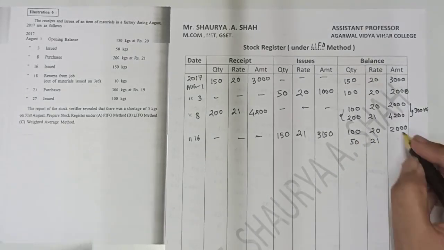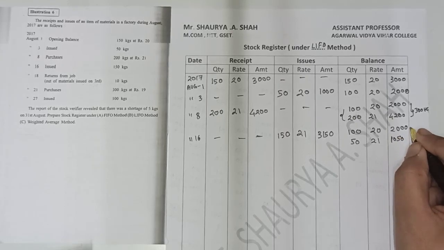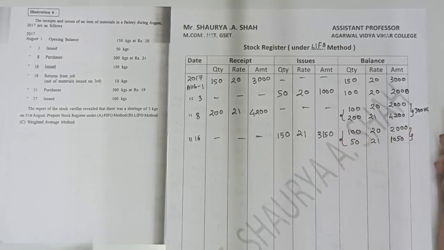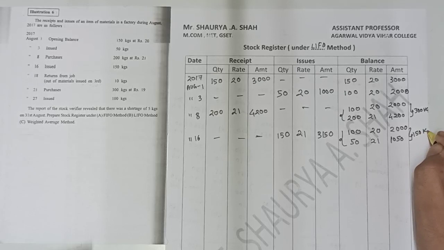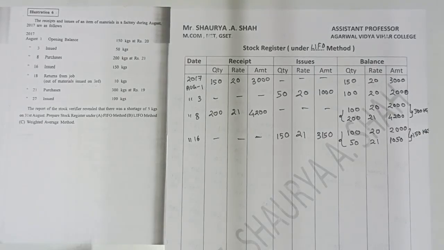So 50 into 21 is 1050. You can put a curly bracket here. So you are now having 150 kg with you, one of 2000 and one of 1050, right?